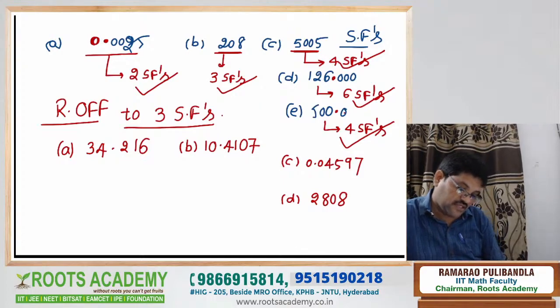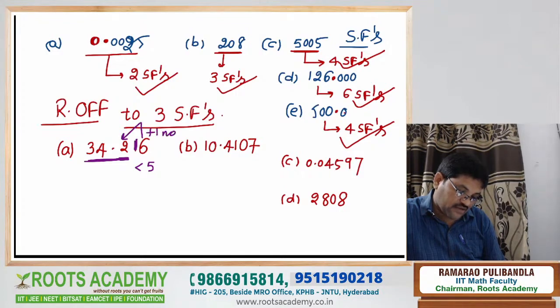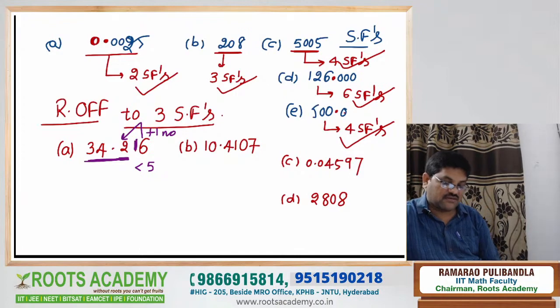Now see, in the value 34.216, rounding off to 3 significant figures, we stop at the 2. After the 2, the value is 1, which is less than 5. Because it is less than 5, there is no adding of plus 1.